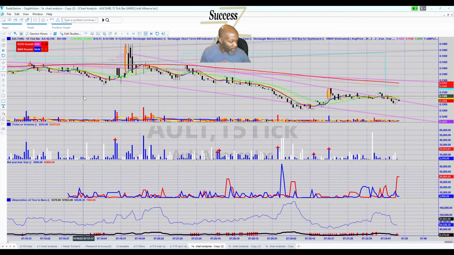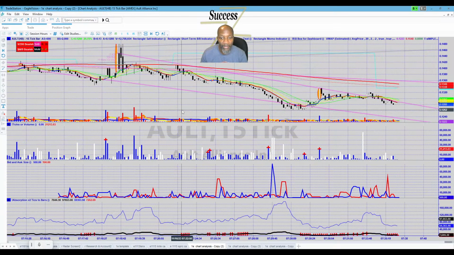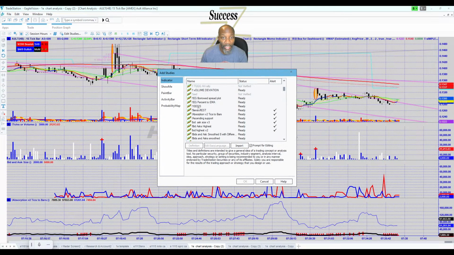Okay, so I'll show you what I'm talking about. If I go to, let's add ticks. I don't know that there's a ticks indicator that already is in TradeStation, but I made one.